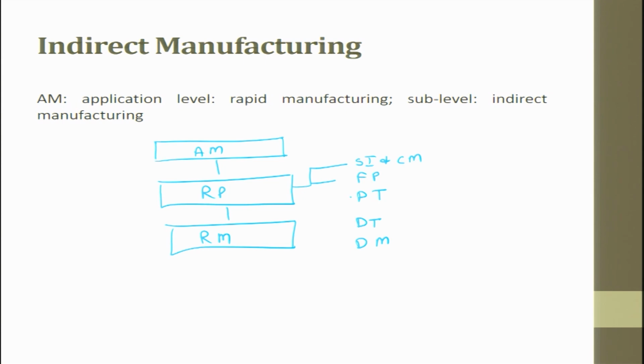Okay. And then from here I said last time we had indirect prototyping, we had indirect tooling, and now we have something called as indirect manufacturing. Okay. So, from here we took, it went here, and now what we are talking about is indirect manufacturing here. So, this is a base figure.